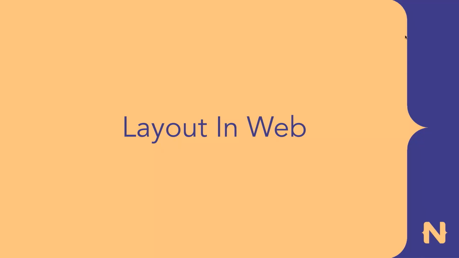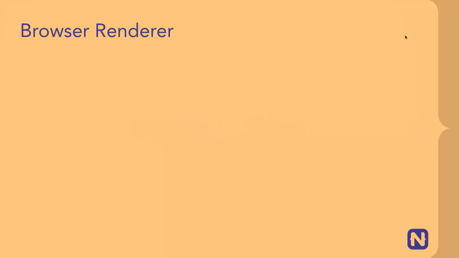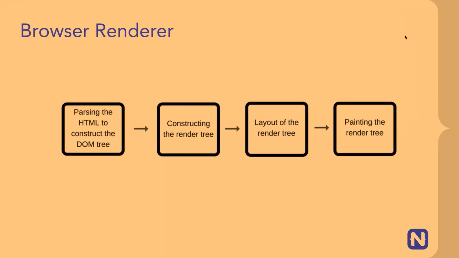Okay, and what is the web layout? Without going deeply into how browsers work, we could say that, in brief, there is a browser renderer, which parses the content that we requested from the server and transforms all the elements into the so-called document object tree, right?